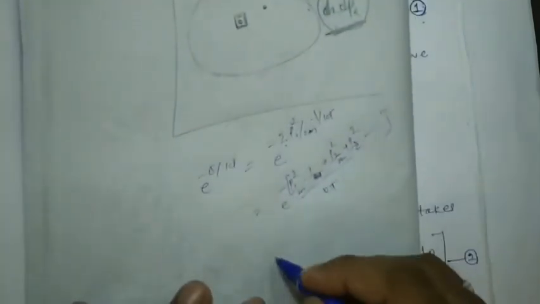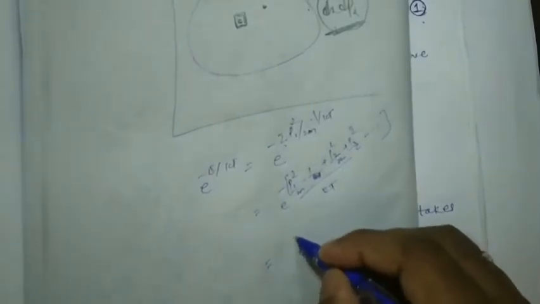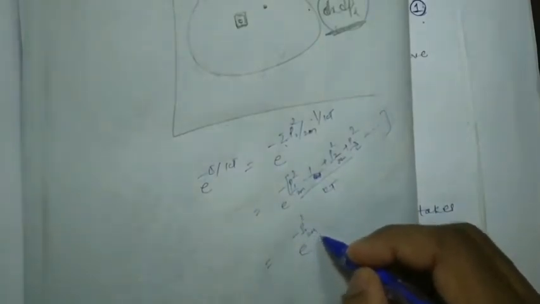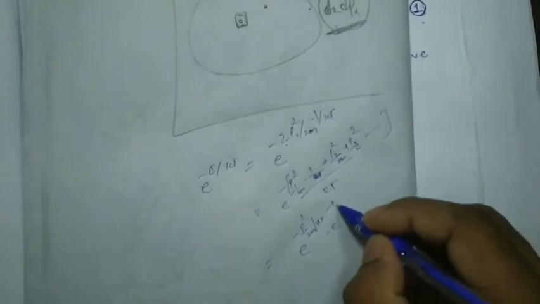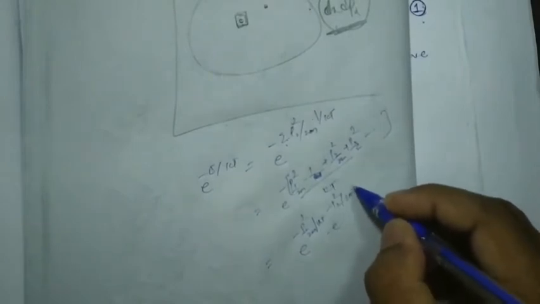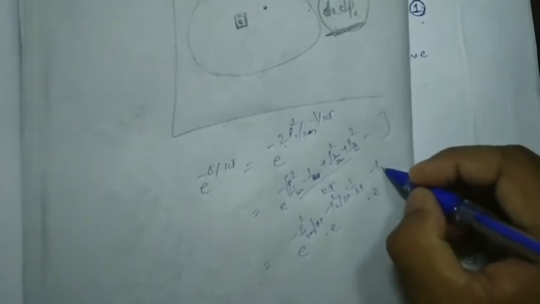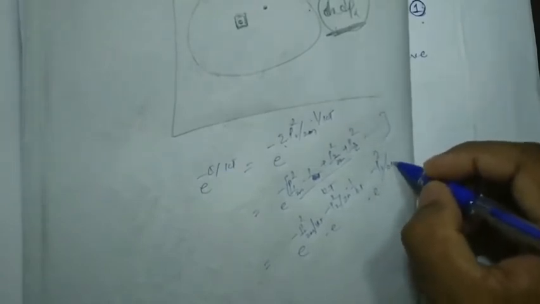So this can also be represented as e to the power minus p1 square by 2mkT into e to the power minus p2 square by 2mkT into e to the power minus p3 square by 2mkT, like that.